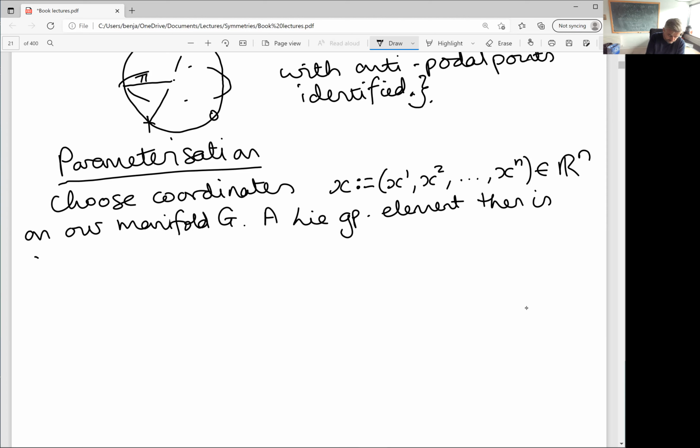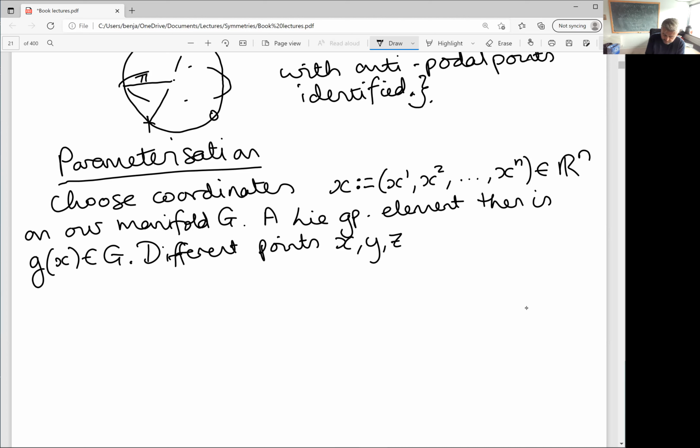So we write the group element as g(x), and this is in the group. Different points x, y, z correspond to different group elements.